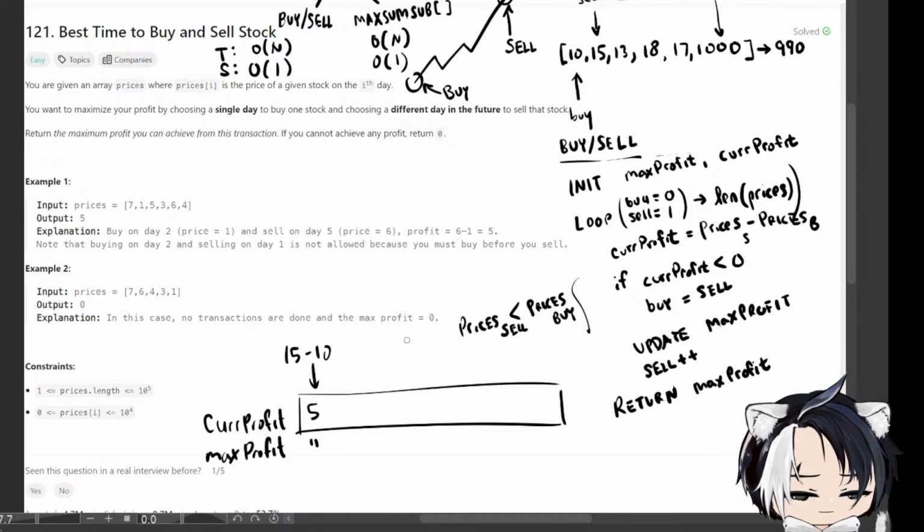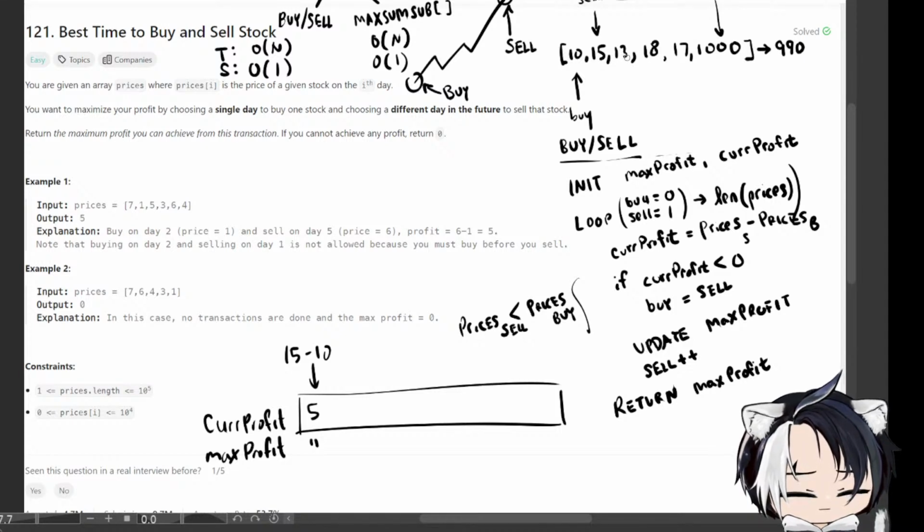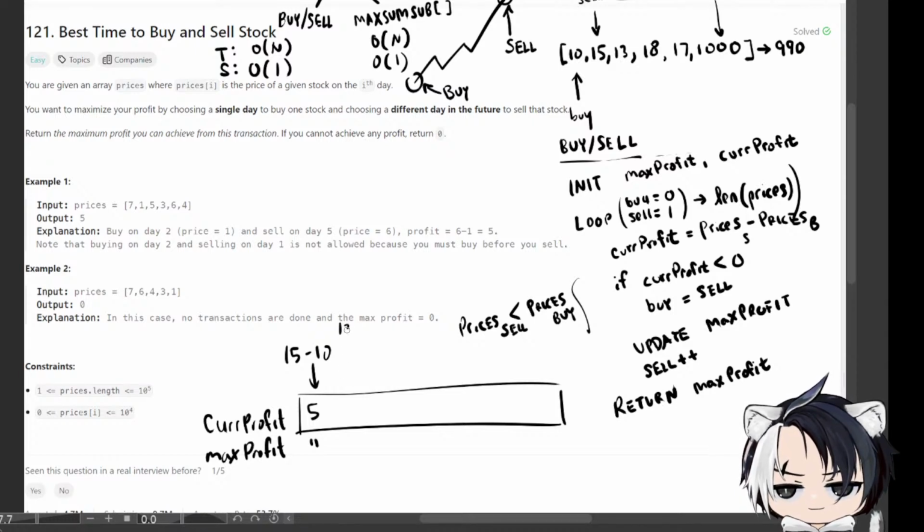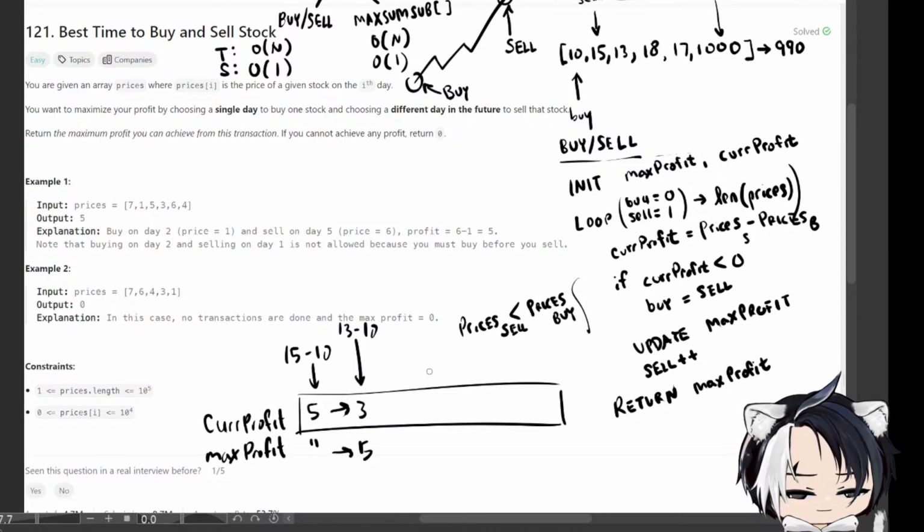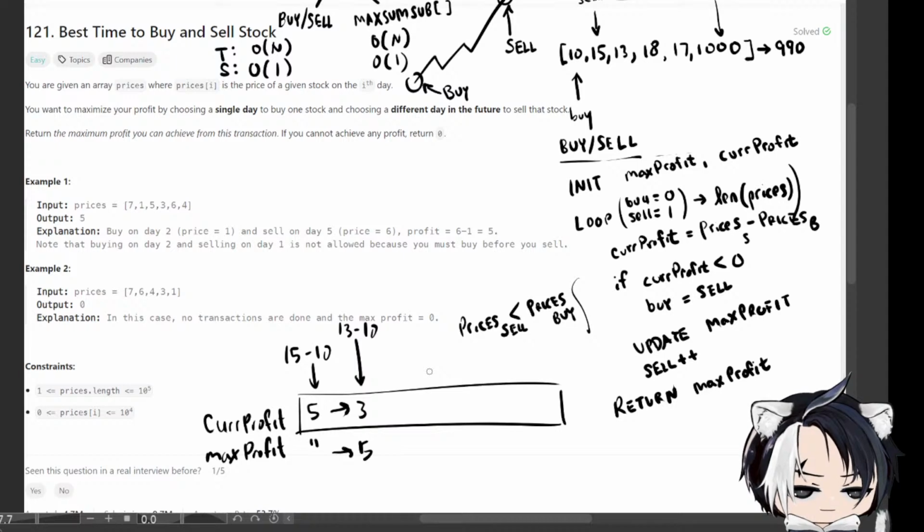So now, after we get the update, we do sell plus plus, so we point that sell pointer to 13. 13 minus 10 is equal to 3. So now the current profit is equal to 3, and the max profit is equal to 5. Continues to be 5.